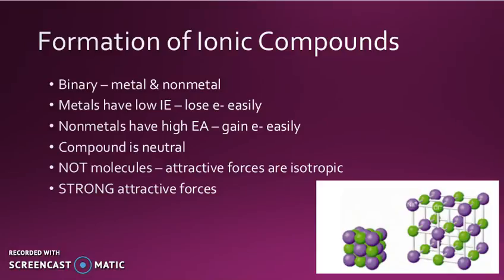Any sodium ion in sodium chloride is equally attracted to all of the chloride ions that are next to it. It's not more attracted to one than the other. And those attractive forces are very, very strong, which is what makes it a solid.